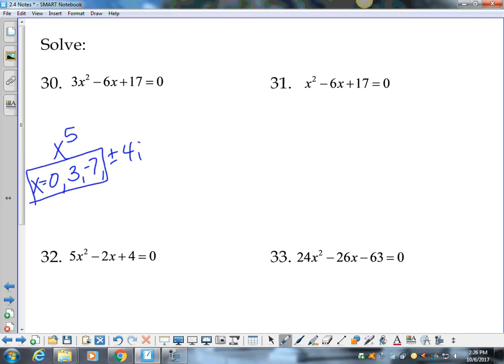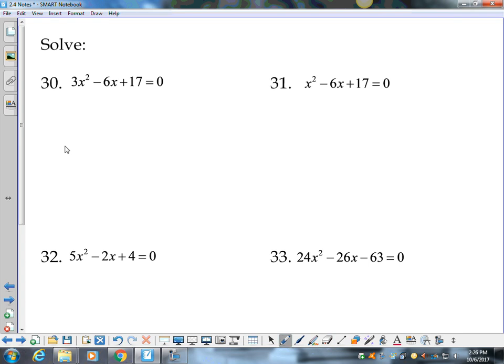Now it has 5 solutions. These are all 5 solutions. But these are the only x-intercepts. This is when we would draw it and we'd say it wiggles somewhere off in space, that's what that causes. Okay, so let's look at number 30.